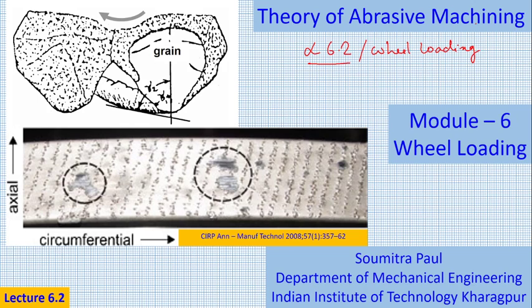So what is wheel loading, already we have discussed. Yesterday I could not give you a pictorial depiction of this. This is the pictorial depiction of wheel loading. This is the width of the wheel, and this is the circumferential direction. As you can see, you have grids over here and once again over here.